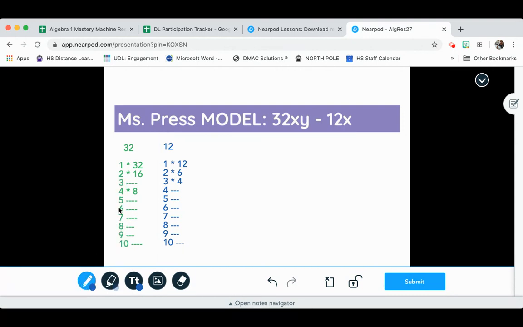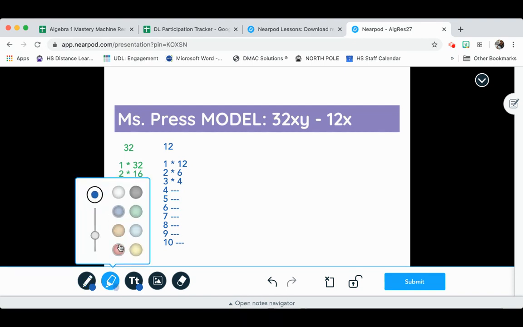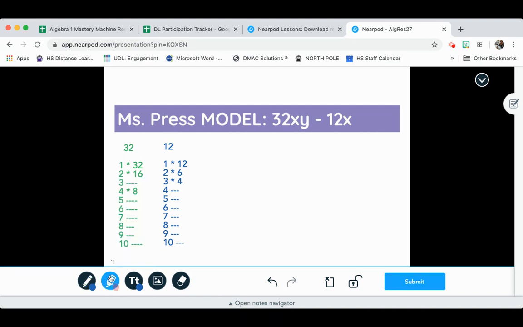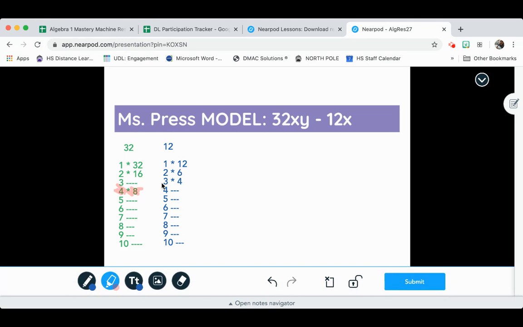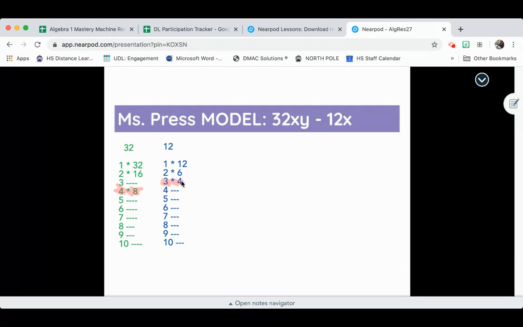Okay, so now what I need to do is I need to figure out which one is the greatest factor that they both share. And I can see that they both have a 2. I can see that they both have a 1. But the greatest factor that they both share is a 4.